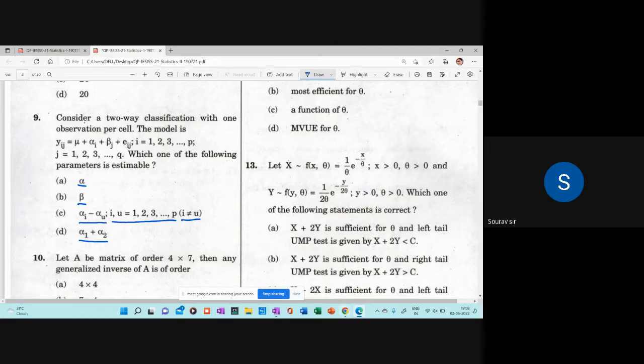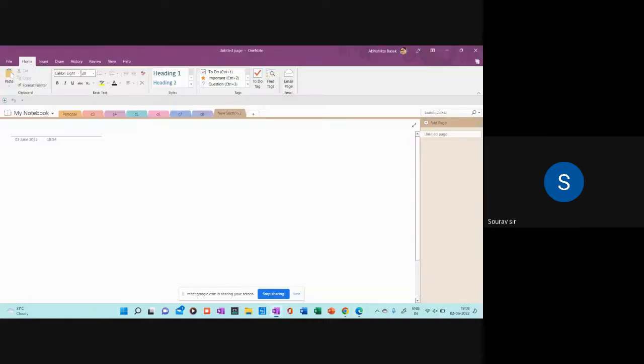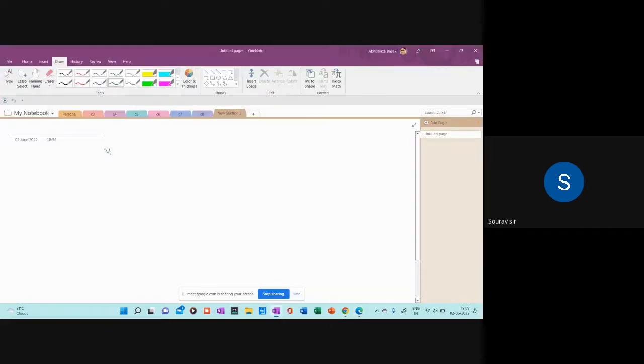So how can you determine this? Basically, the easiest method is first to write the model. This is my model where i runs from 1 to p and j runs from 1 to q.